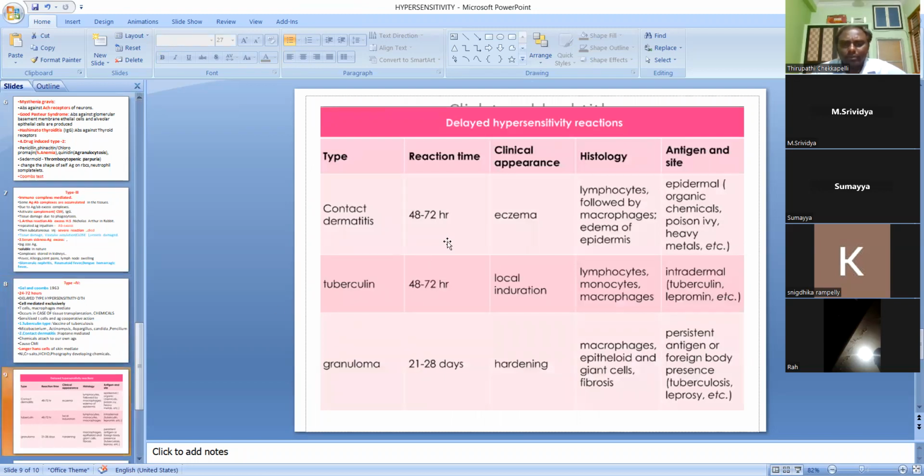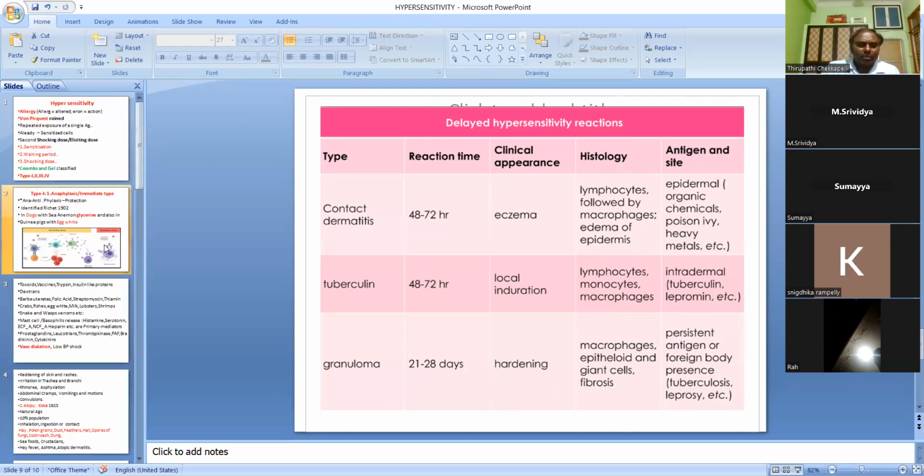Here contact dermatitis causes eczema. Tuberculin type of reaction causes local cell damage, tissue damage, and granuloma, a kind of hardening of the tissue. All these occur over this much time, that's why this is a delayed type of hypersensitivity.